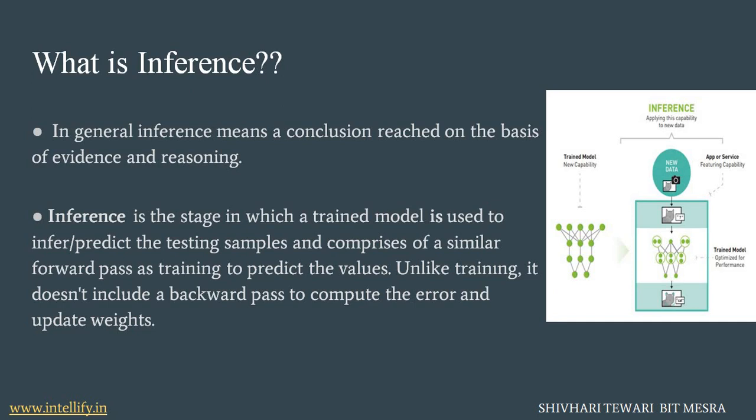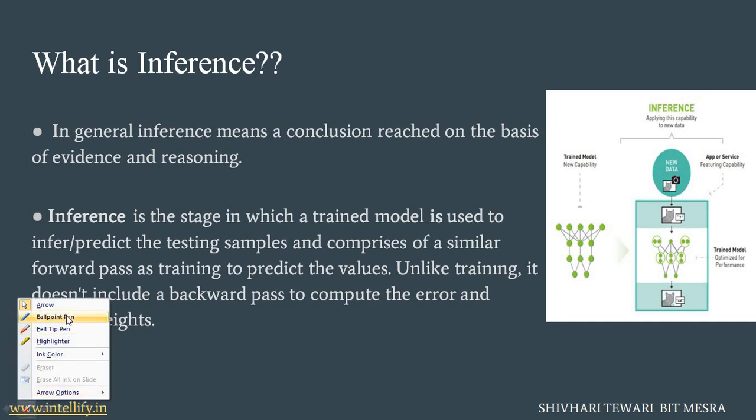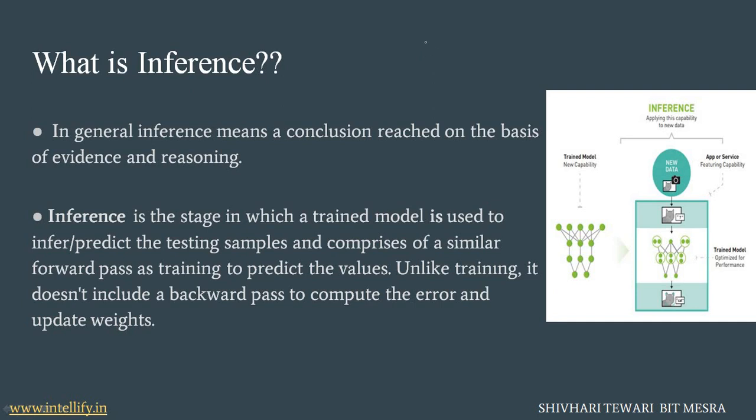Backpropagation is the process where, if there are 2 or 3 networks connected to each other, and they are not giving the same output, then we can do backpropagation.